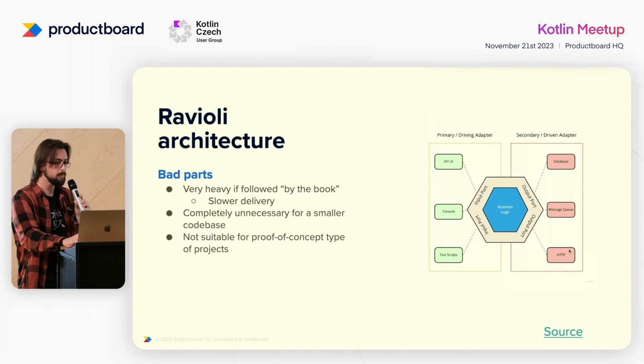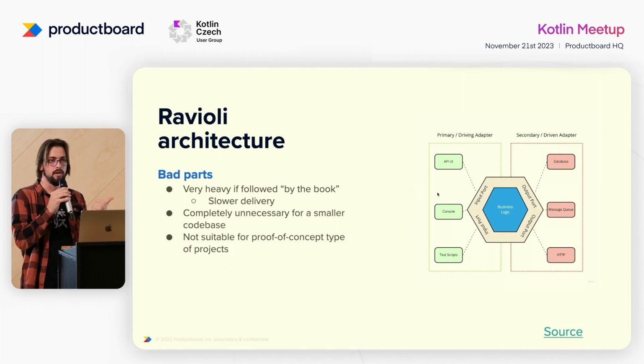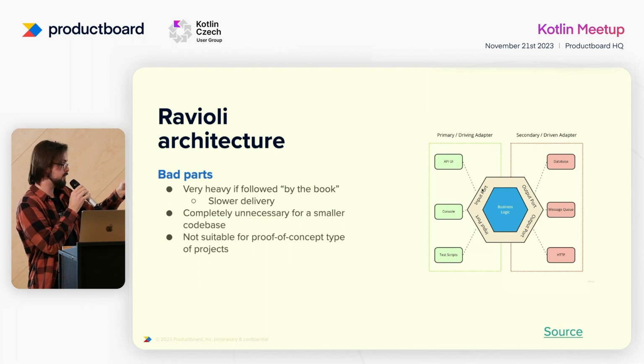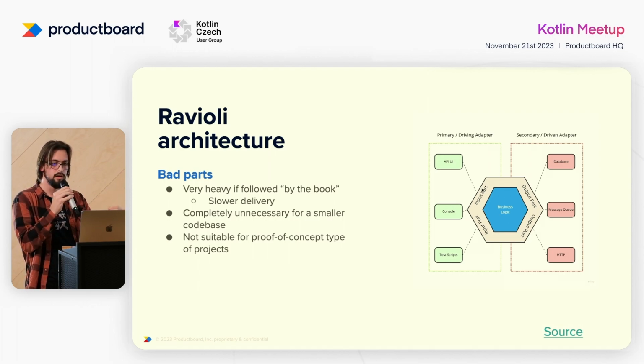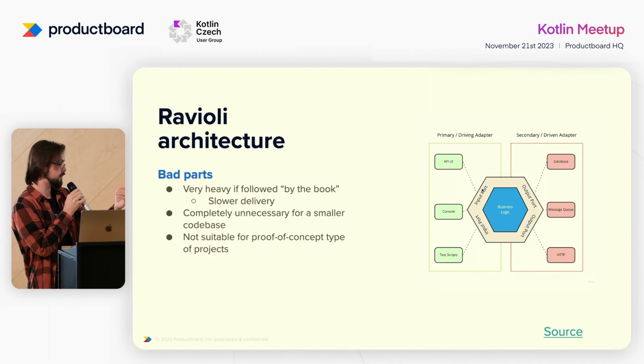So if followed by the book, it's very heavy because imagine you have a core entity, an order here, and you need to consume the order, so you have a representation of this entity here. But these adapters are independent of each other, so we'll have a Kafka representation to consume the order, and then to store it you will have a representation for the database, and one to send it elsewhere.